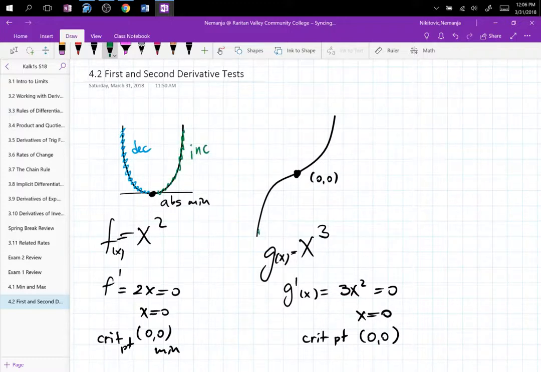And we are going to see over here that the entire function is increasing all the time. For us to have a min or a max, decrease has to change into increase or increase has to change into decrease. That is required, otherwise you don't have a min or max. So we see that this critical point did not give us a change from increase to decrease.